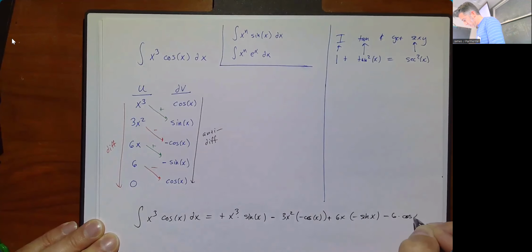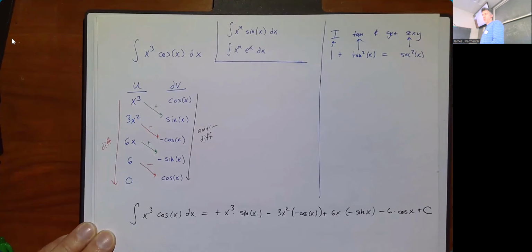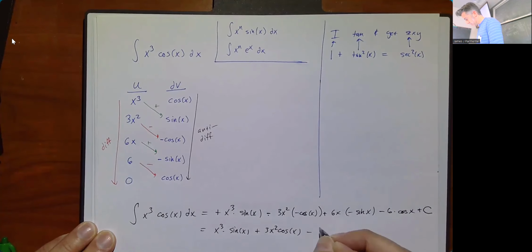And what do I need at the end? Plus c. Now, of course, we should be a little bit smarter about this and simplify the signs along the way. I should have really written this as x cubed times sine of x plus 3x squared times cosine of x minus 6x sine of x minus 6 cosine of x.